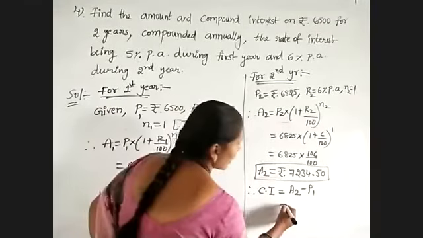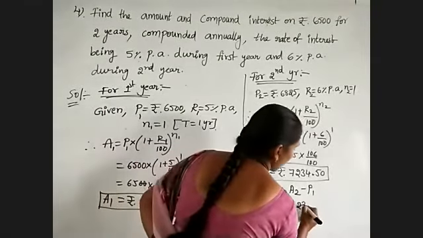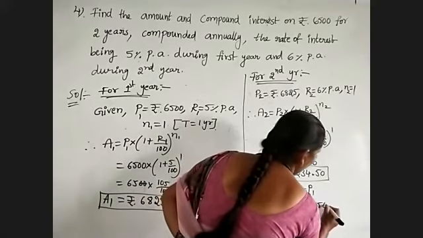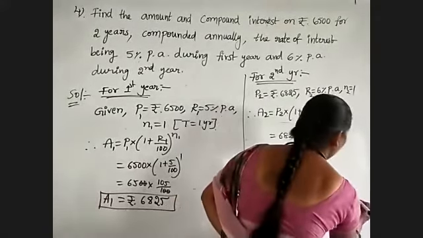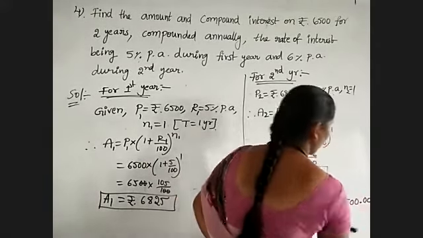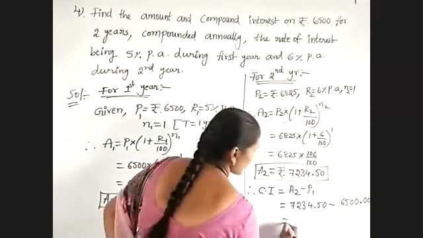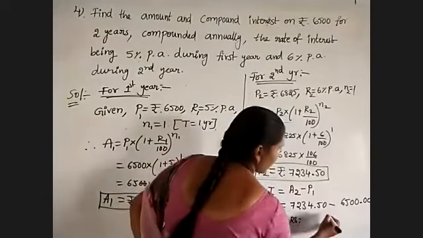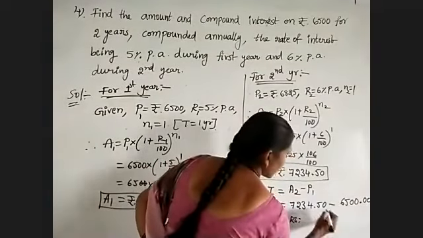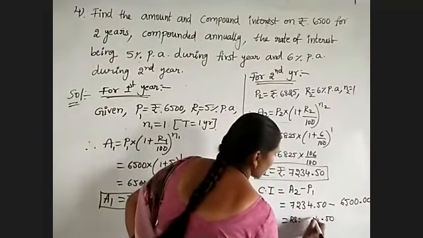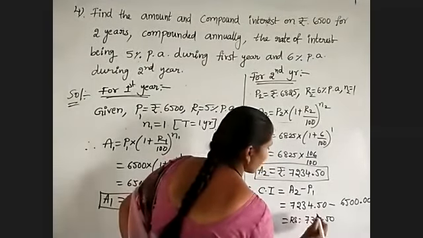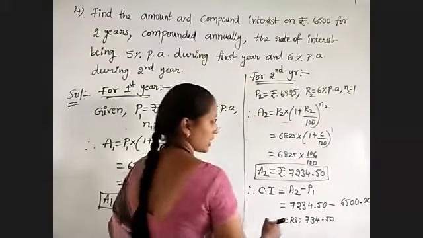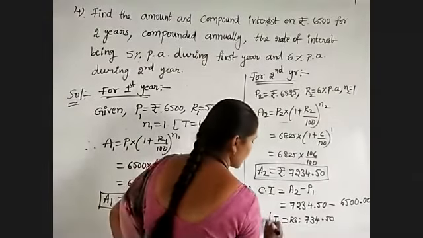So which will be equal to 7,234.50 minus P1 value 6,500, but here two decimal digits are there, so I am taking 00, which is equal to rupees 734.50. That's all. 734.50 is the interest.